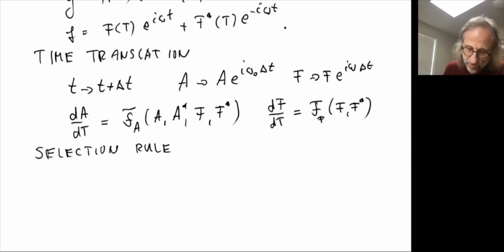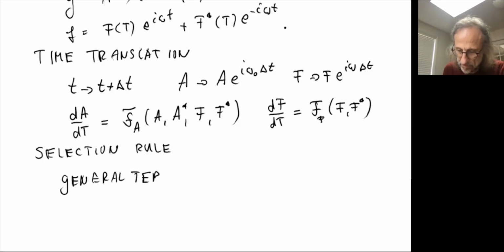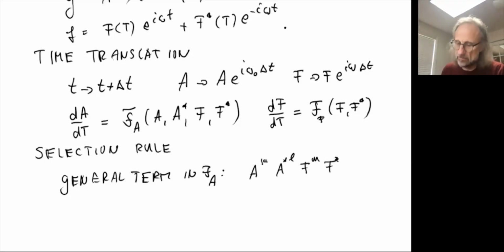So the general term in that function curly F_A will be something like A to the K power, A star to the L power, times F to the M power, times F star to the N power. So that's the general term here.